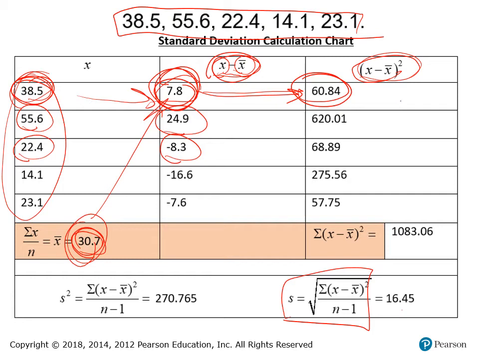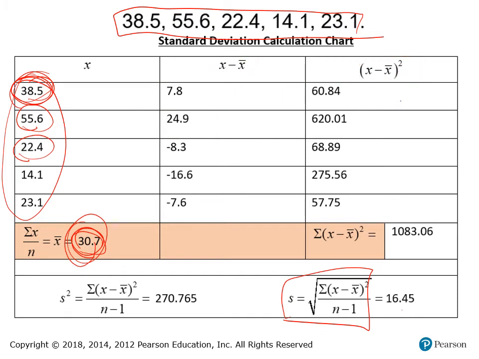Well, to make this go a little bit faster, rather than calculate this whole column first, and then calculate this column, what we're going to do is take this data value, subtract the mean from it, get this data value, and then while it's sitting in my calculator, square it and get this number.